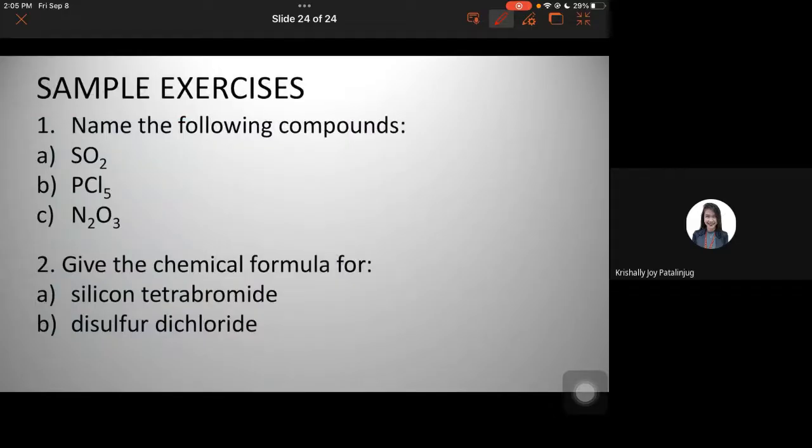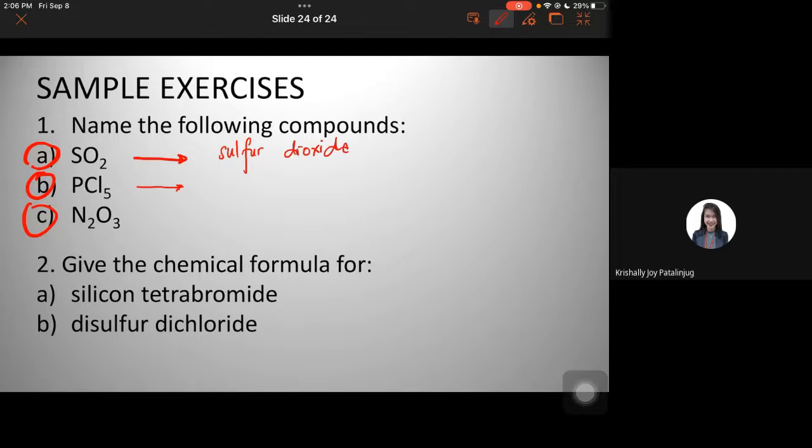Okay, your turn. Let's try to name the first three examples for test one. What do you think would be the name of letter A? Covalent compound letter A. Go. This is sulfur dioxide.